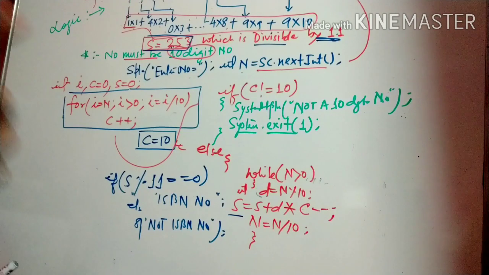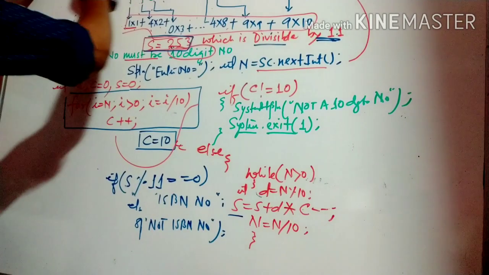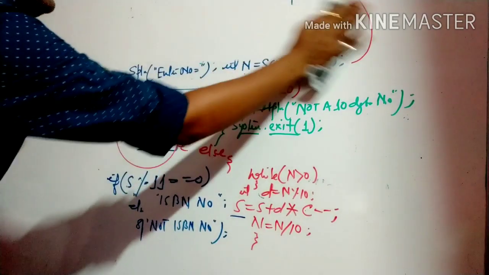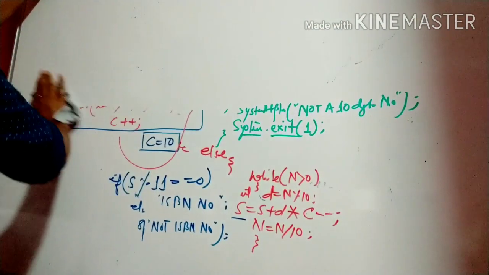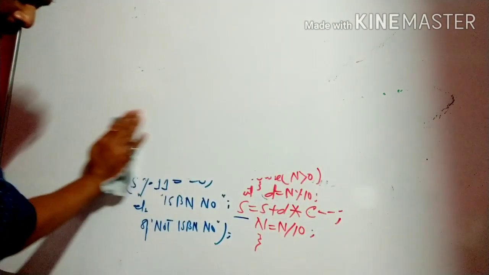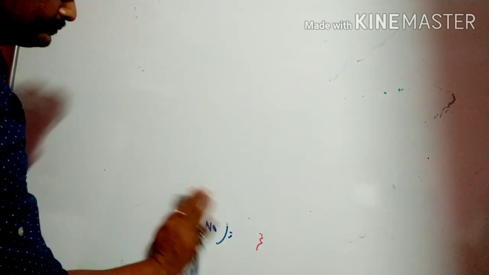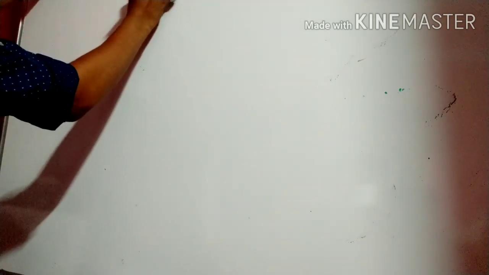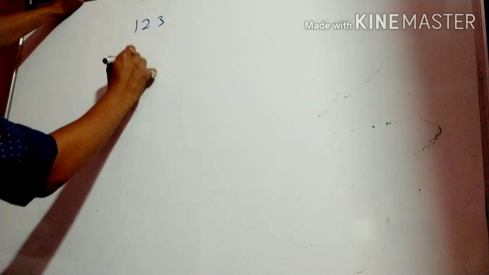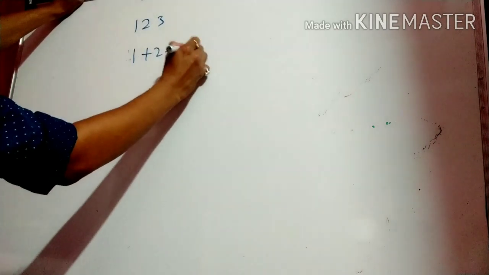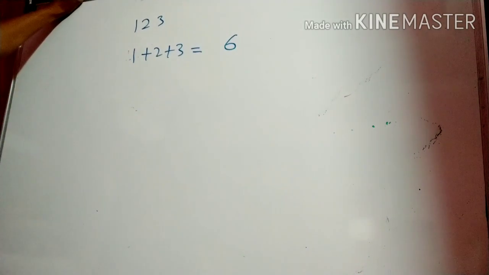Now here is one homework. Homework is what? You have to input a number. Suppose this is your number. Sum of digits: 1 plus 2 plus 3 is equal to 6.